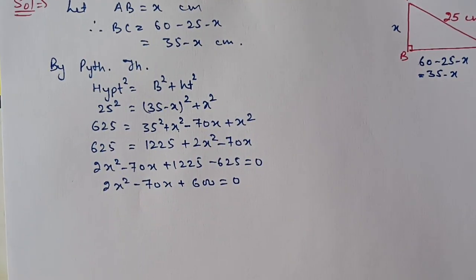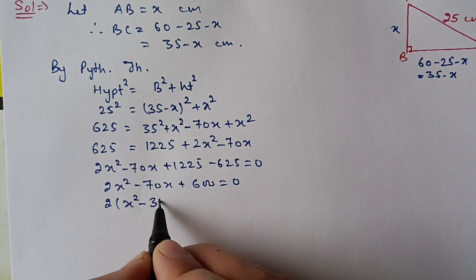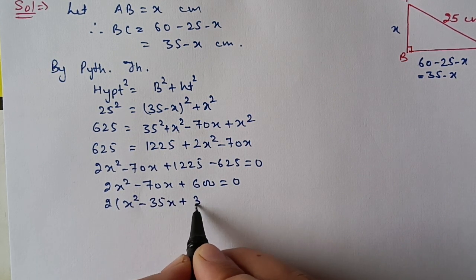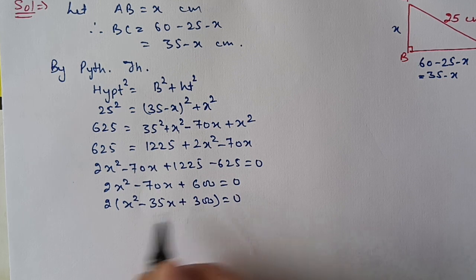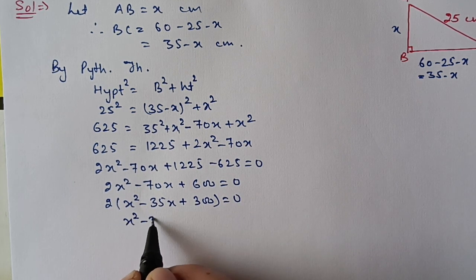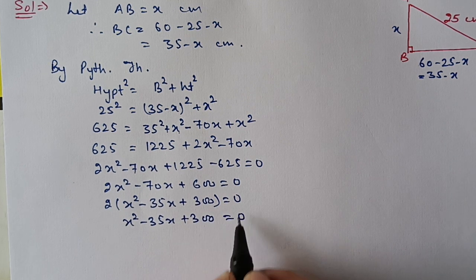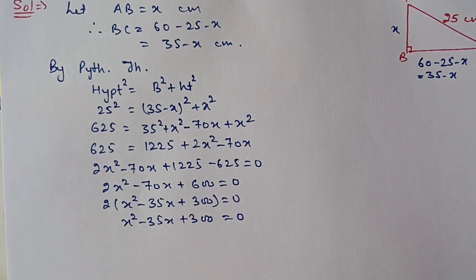Now 2 also you can take out common, and x square minus 35x plus 300 equal to 0. 2 we will shift to the other side and it will eliminate. Now 300 factor we have to do such that after addition 35 should come.